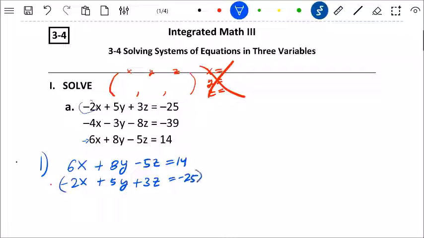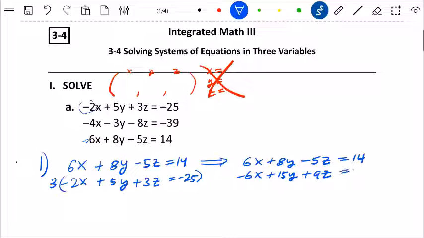So this one I'm going to multiply by the number 3. So the first one's basically going to stay the same, 6x plus 8y minus 5z equals 14. The second one becomes -6x plus 15y plus 9z equals -75.